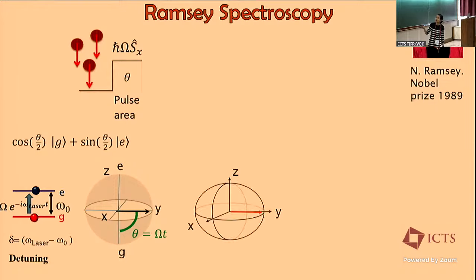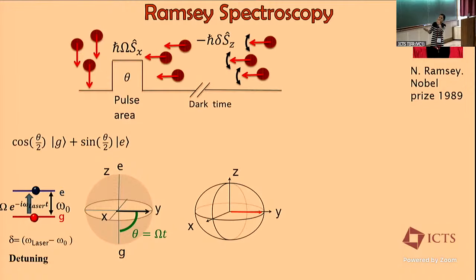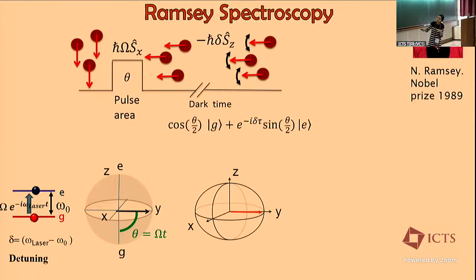And then I let the atoms precess in the dark. So I turn off the drive and I go into the rotating frame of the drive. The frequency of the laser and the atom are not locked, so the important parameter is the detuning, that is the frequency difference between these two. Therefore, in this rotating frame, the excited state is going to acquire a phase that is different from the ground state.